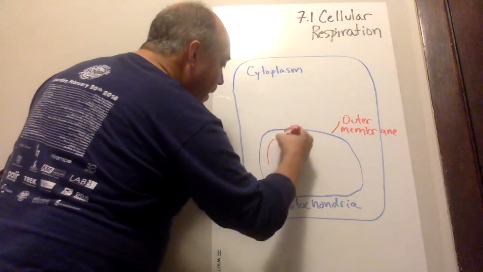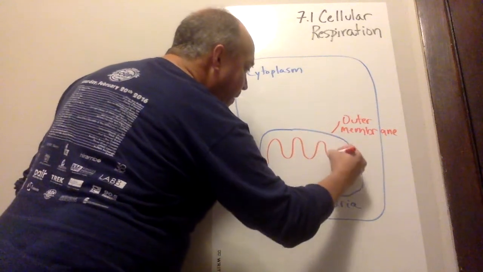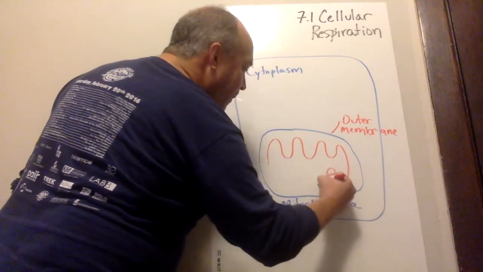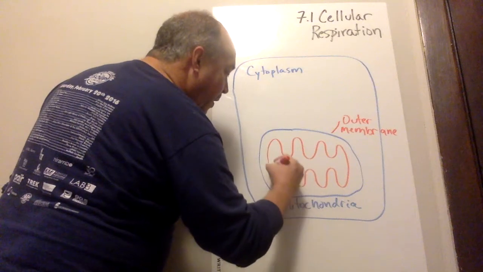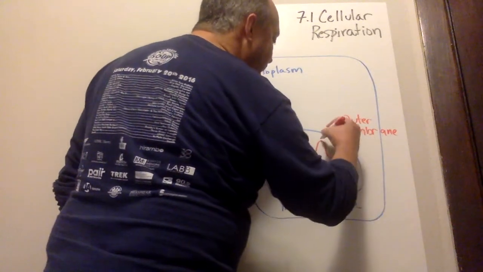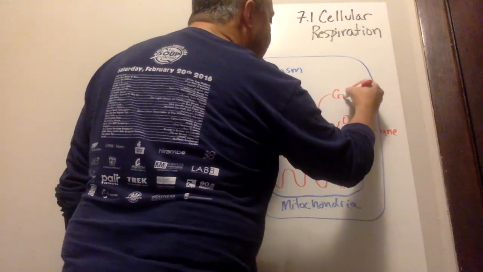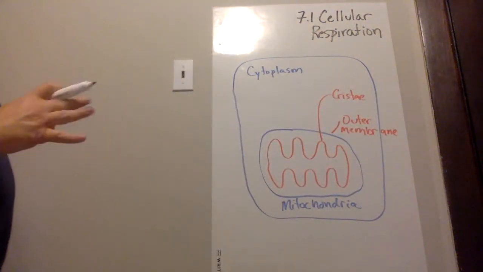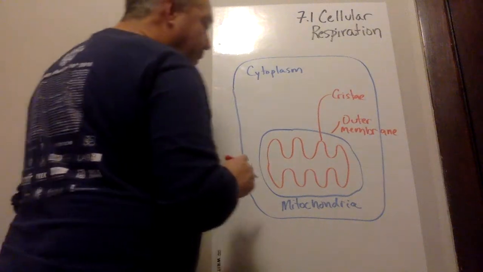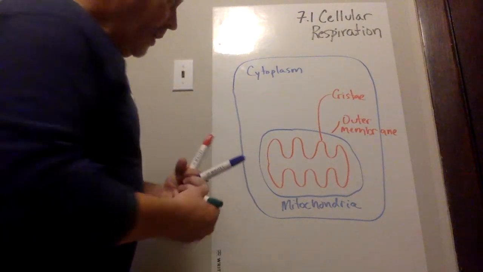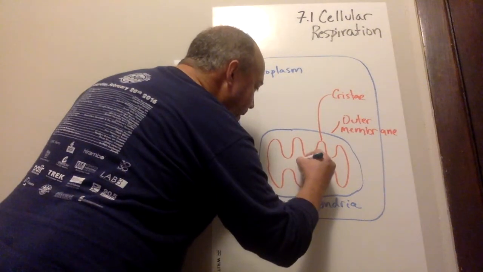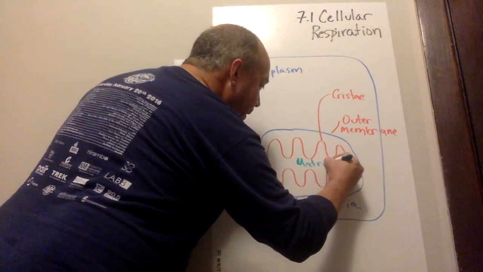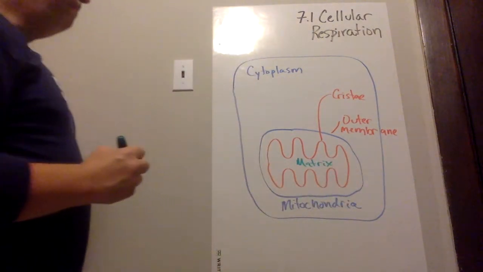And then the inner one is going to be really wavy. We talked about this the first day, and I think we mentioned that the name of this is called the cristae. So the outer membrane is just the outer membrane. The inner membrane is called the cristae. And then inside the cristae, that area is called the matrix.